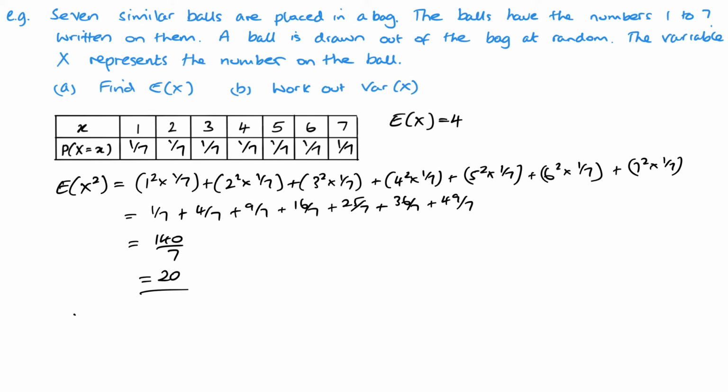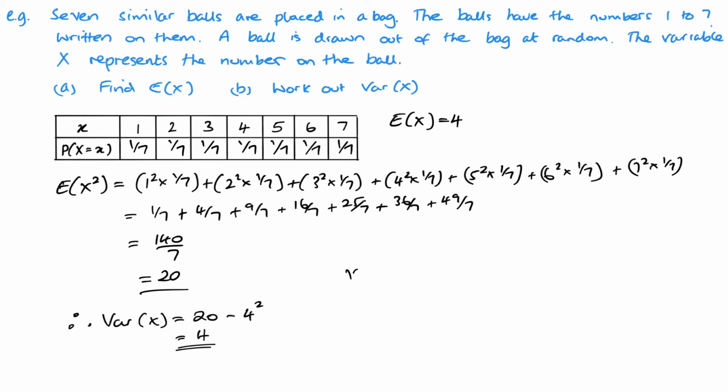So therefore, the variance of x is going to be 20 minus 4 squared, because it's E of x squared minus E of x, all squared. So 20 minus 16 is going to be 4.